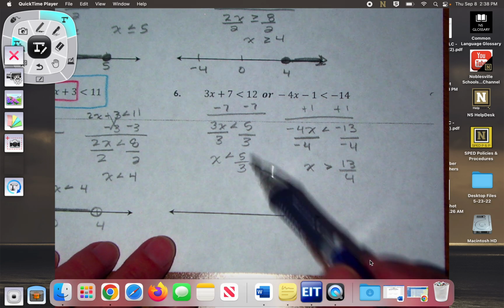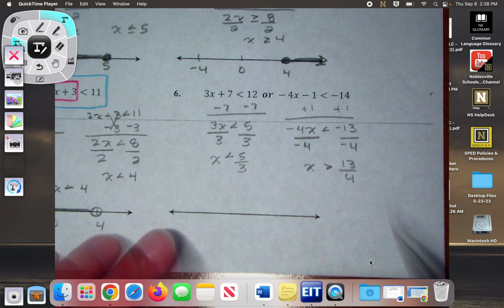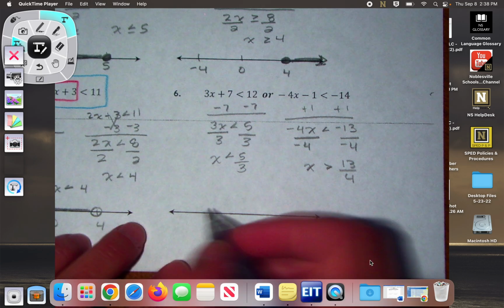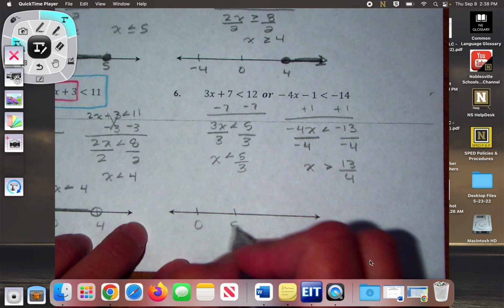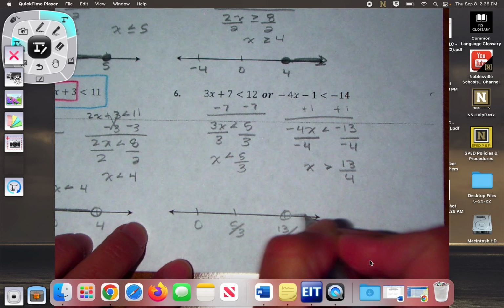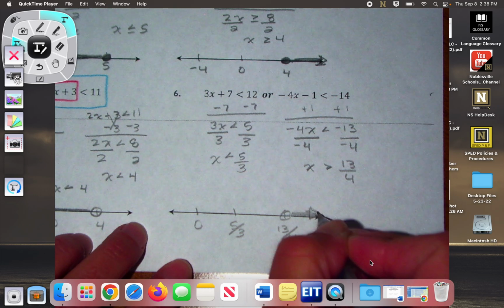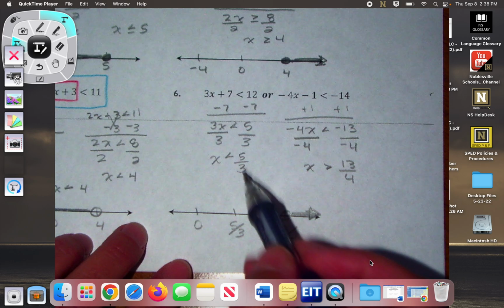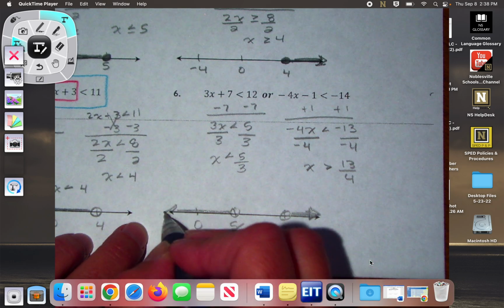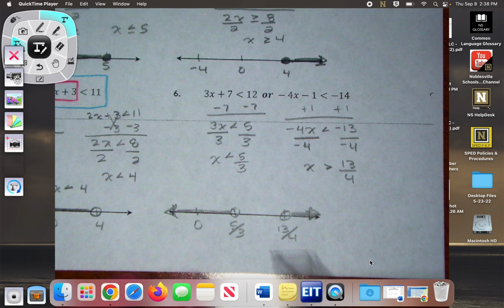Which one's greater? 5/3 or 13/4? 13/4. Right, because this is going to be 3 1/4. This is going to be 1 2/3. Right, so they just go in opposite directions.